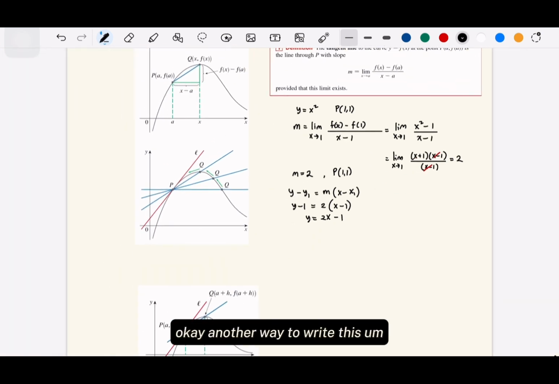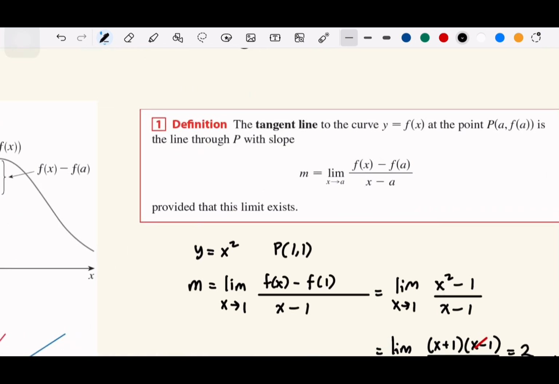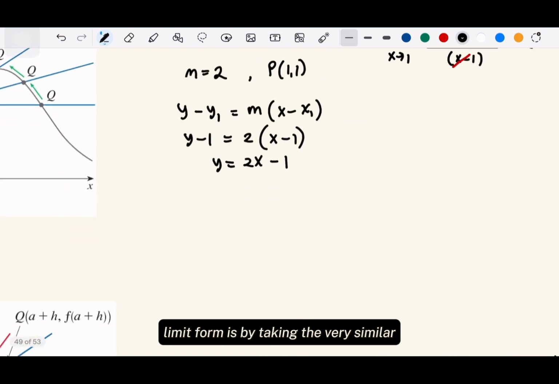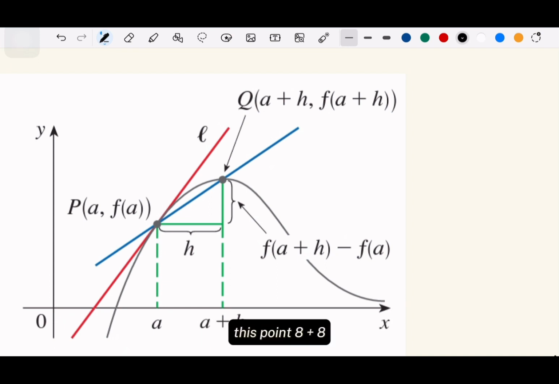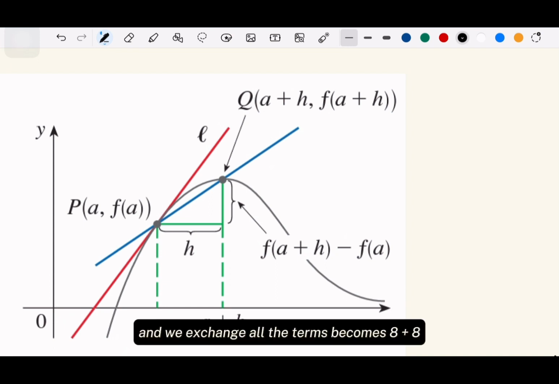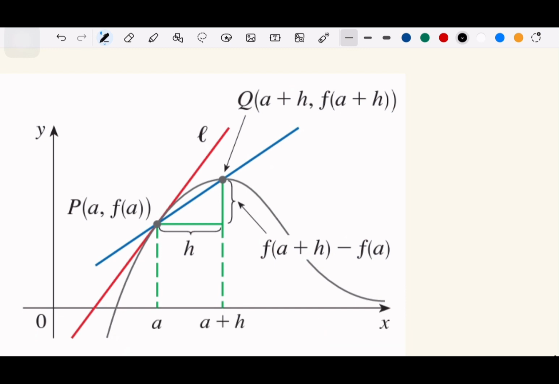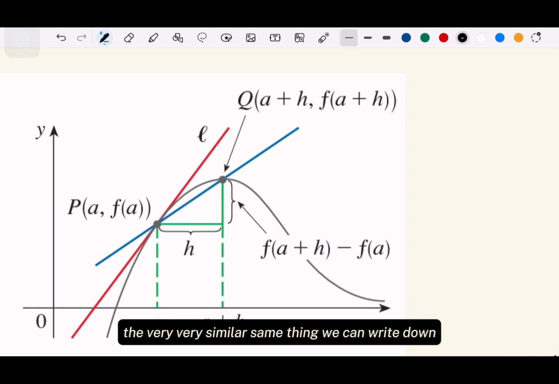Okay, another way to write this limit form is very similar, but we are taking a to a plus h. We are going to look at this additional h as a distance from a to this point a plus h. And we exchange all the terms, so it becomes a plus h, okay? And then the same thing, so it's very, very similar.